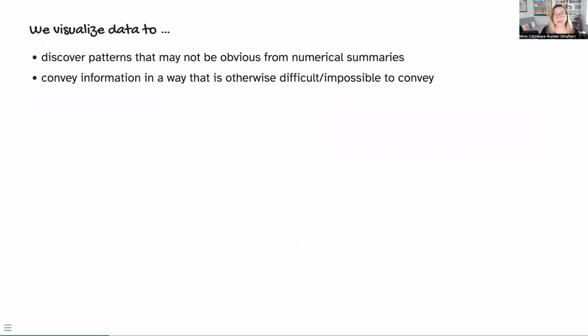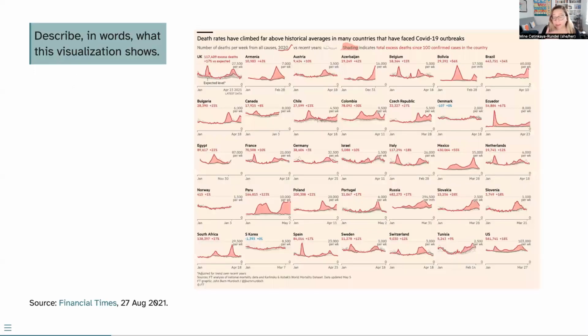We might also visualize data to convey information in a way that is otherwise difficult or impossible to convey. Let's take a look at some of these visualizations we've grown very accustomed to, and maybe are slowly starting to forget about, from the earlier end of COVID-19.